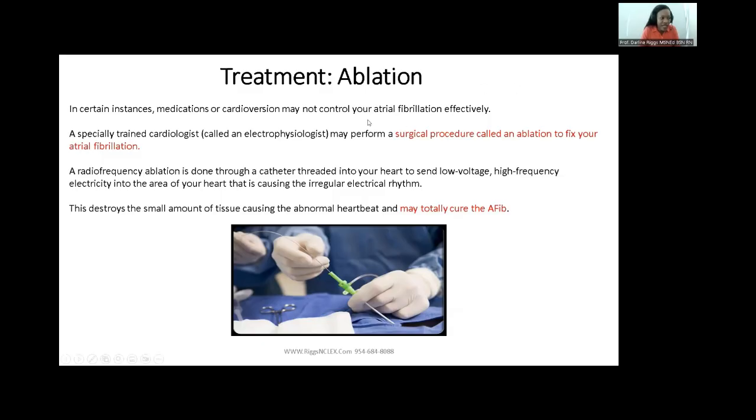So this is obviously a last measure. It's invasive, with risk for infection, risk for hemorrhaging, lots of risk factors. But if we're not able to control your atrial fibrillation in other ways, this may be an option.